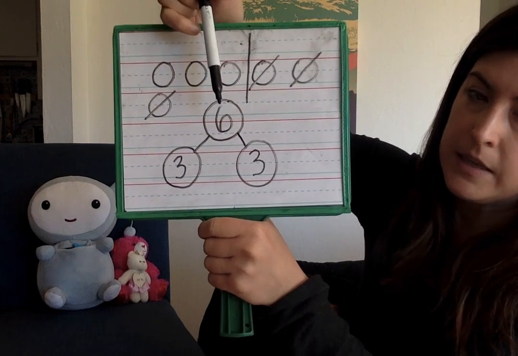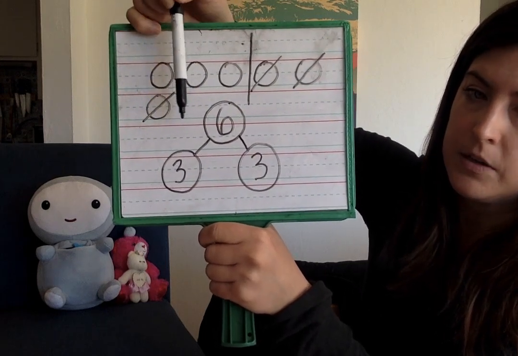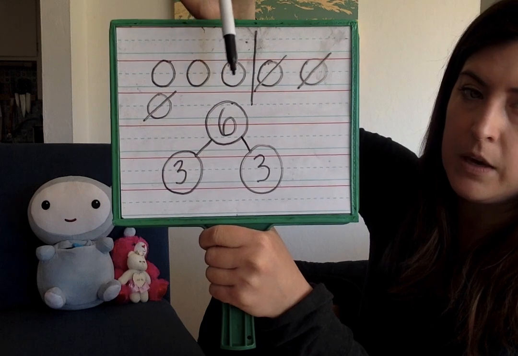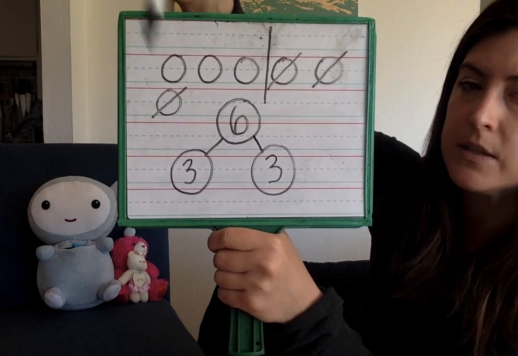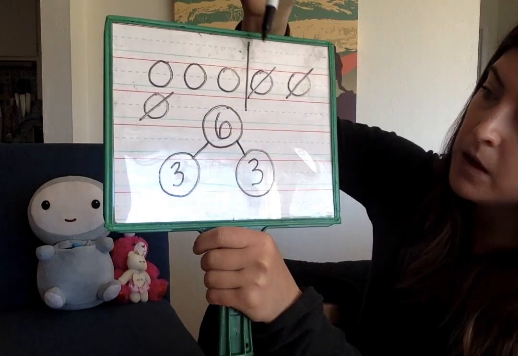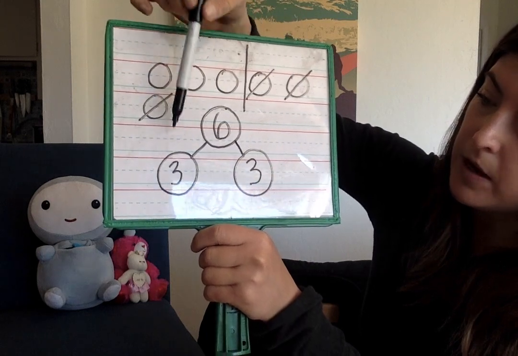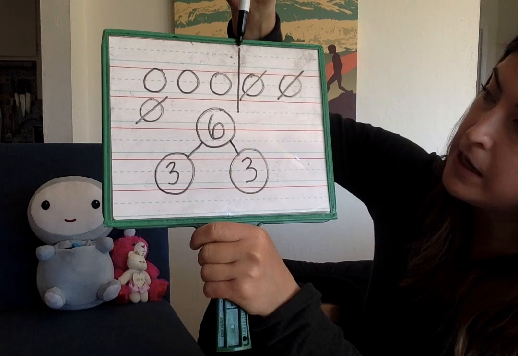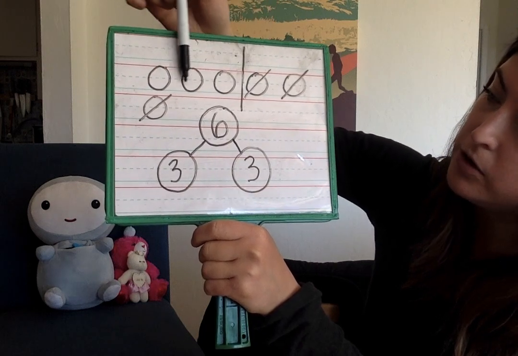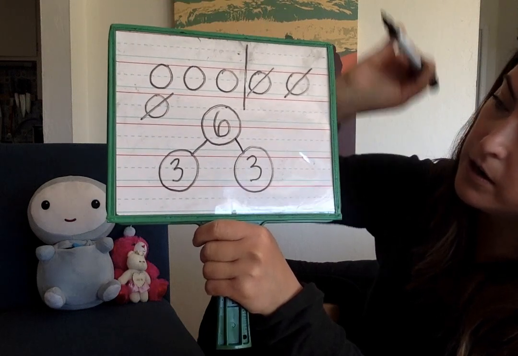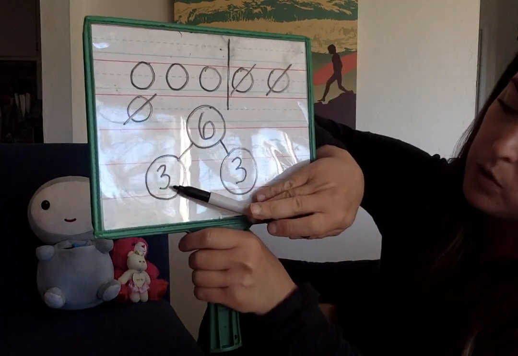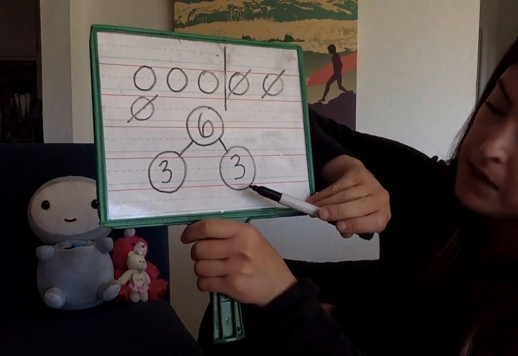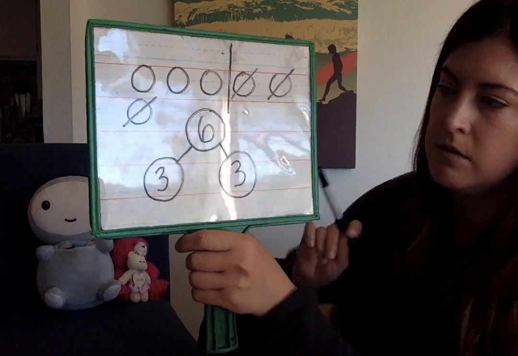So I put 6 at the top because there's 1, 2, 3, 4, 5, 6 circles all together. 1, 2, 3 of them are crossed out. 3 of them are not crossed out, and that's why I drew that line here to show these are not crossed and these are crossed. 3 and 3 makes 6.